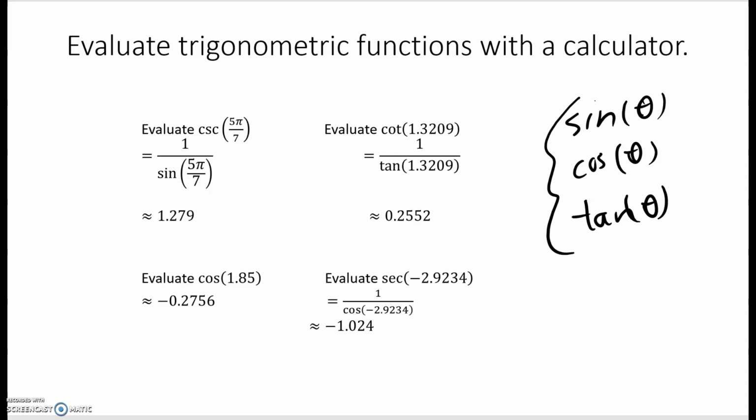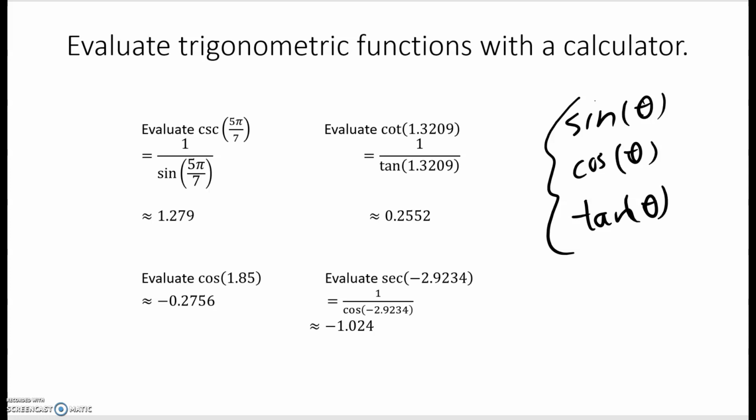So if we're trying to evaluate cosecant of 5 pi over 7, number one, I have to be in radians because I have a pi. So make sure you're in radians first. And then second, I don't have cosecant on my calculator, but I do have sine. So if I do 1 over sine of 5 pi over 7, that's going to give me cosecant.